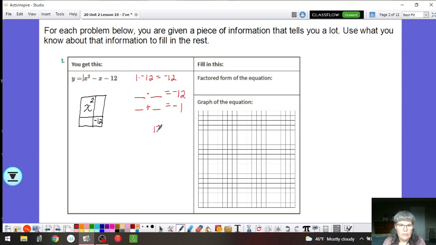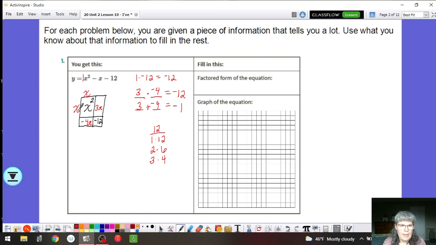So for 12, we're looking at 1 times 12, 2 times 6, or 3 times 4. If I have 3 plus a negative 4, I will get negative 1 when I add them. 3 times negative 4 gives me negative 12. So I know in these remaining pieces of my model, I will have a 3x and a negative 4x. To multiply to get x squared, that's x times x.